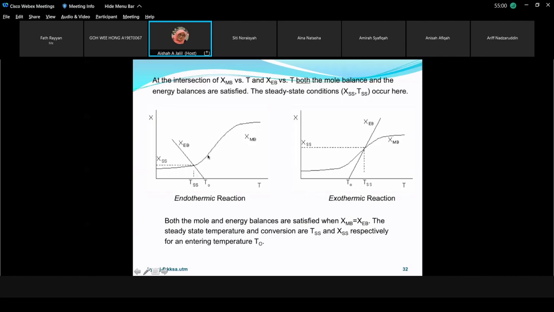So if you are smart enough, no need to calculate for all the data here or here. For example, just calculate for here, okay, and then you can get the intersection. You can save your time, okay.